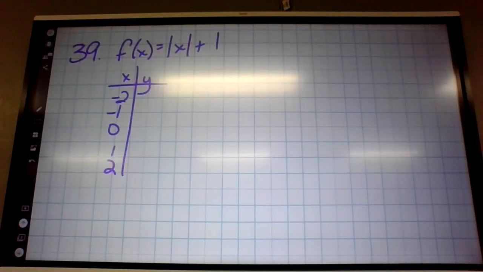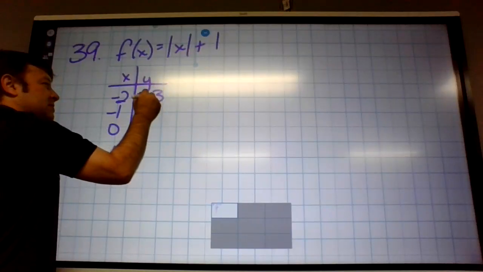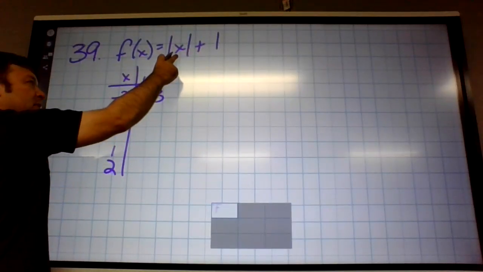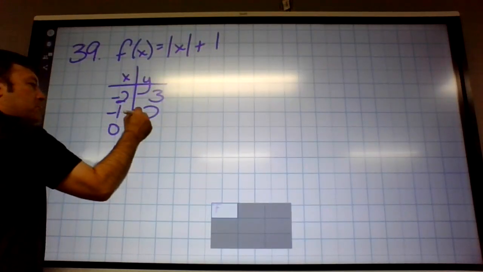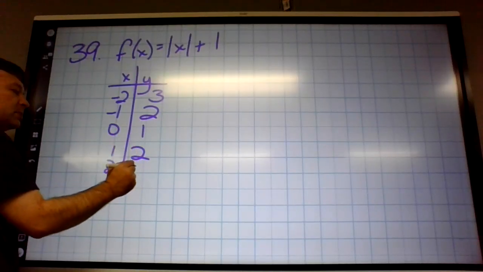Make a table. If I plug in -2, I get 2 plus 1. -1 becomes 1 plus 1. 0 plus 1. 1 plus 1. 2 plus 1.